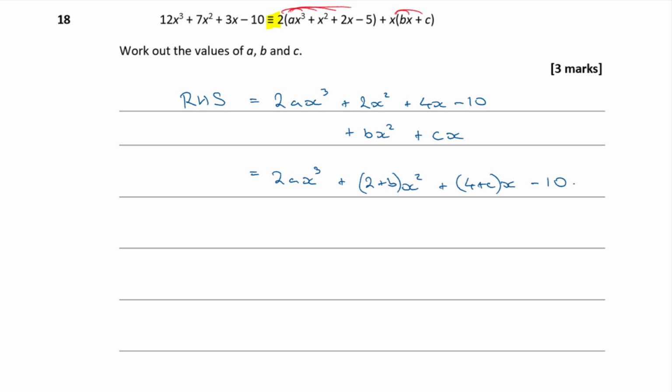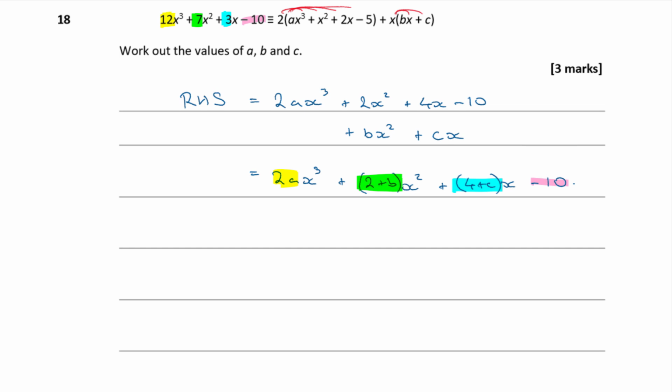So that 12 there, the coefficient of x cubed, has got to be the same as this one. The 7 here has to be the same as this. The 3 here needs to be the same as this. And look, I've got a minus 10 on the end on both. Minus 10, minus 10.